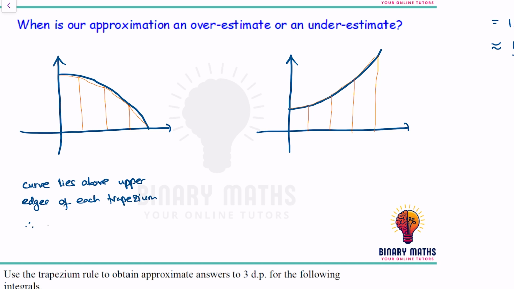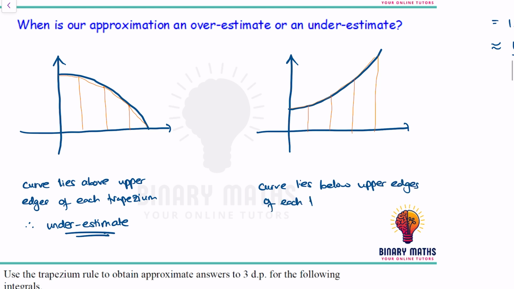Therefore, it's an underestimate. Okay, and for this one, the curve lies below the upper edges of each trapezium.